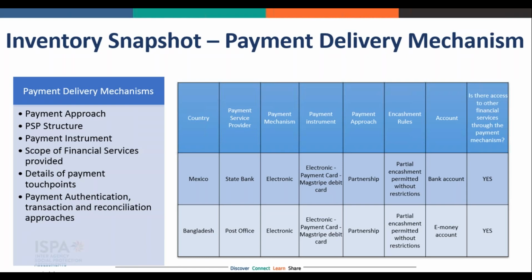Generally, in countries, the postal network has large access, so utilizing that for social cash transfer payments is a smart move, and they're getting an e-money account. And obviously, if you're working through a postal bank, you're getting more financial services. This is something interesting to look at.